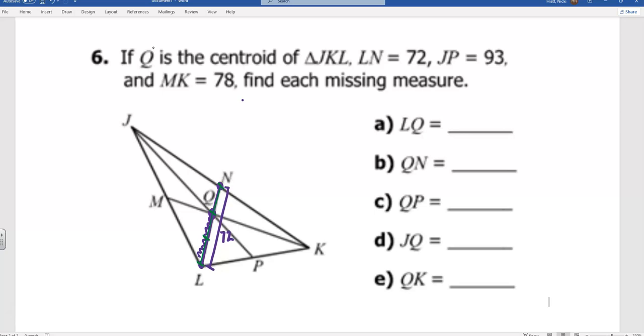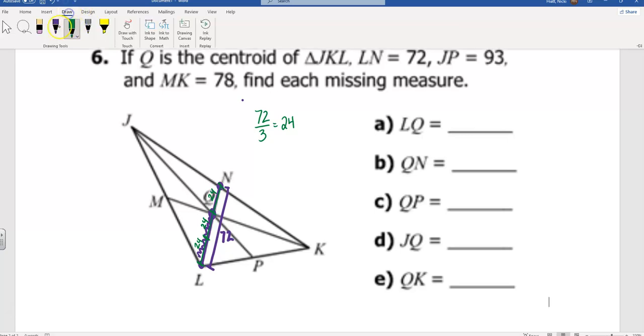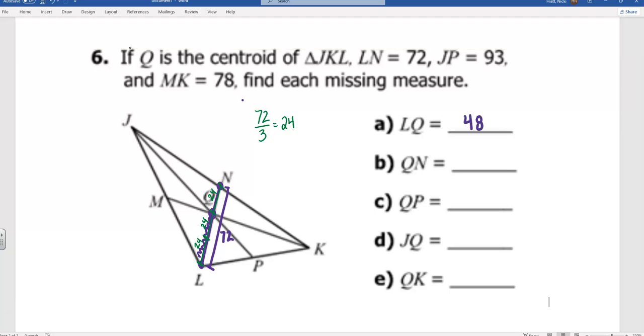So if they give me the whole length of the median, I can do 72 divided by 3, which should give me 24 there. So each one of these little pieces right here would be 24. And so for the piece that they're asking me for here, LQ, I would get 48. And then QN would be 24.